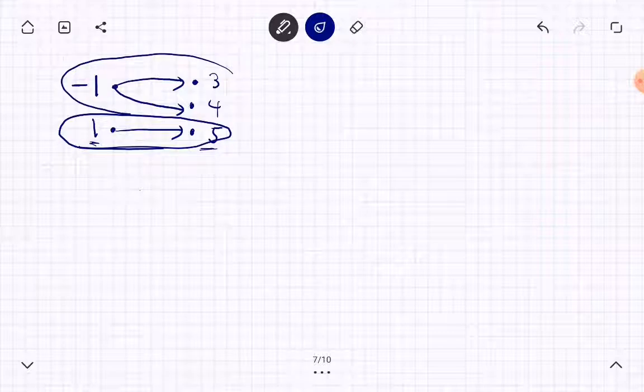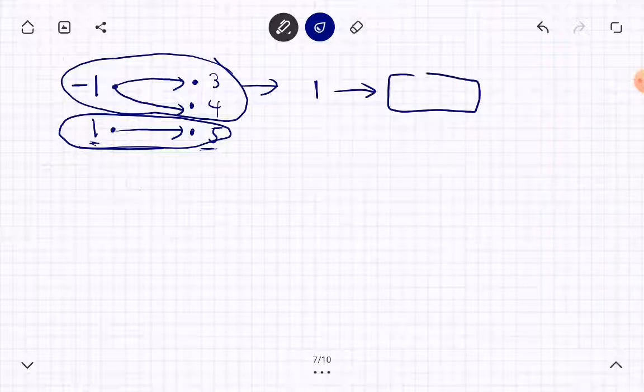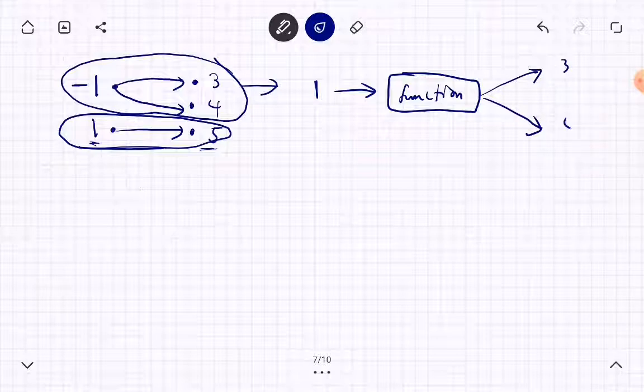But this relationship here is where the problem is, because this is showing that if you put in 1 into the function, you are getting two outputs, you're getting 3 and 4.